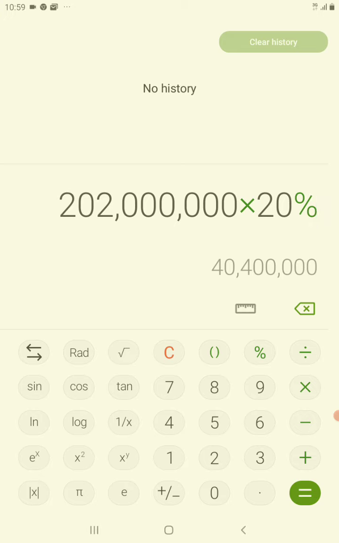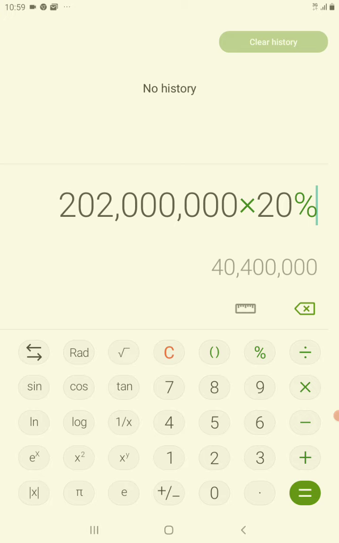So we have about 40,400,000 followers who will be visiting his pages on Webtalk. Webtalk pays 0.0002 ad revenue for each view of ads on your pages.